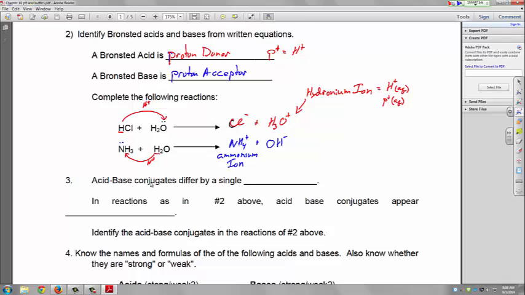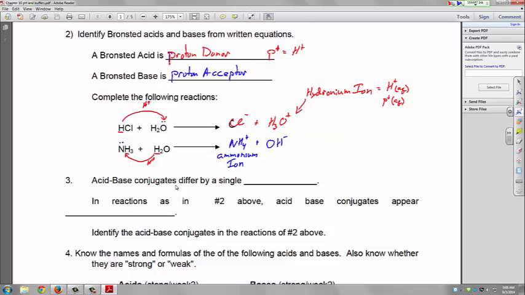Alright, number 3 here, they start talking about acid-base conjugates. Now, acid-base conjugates are a feature of the Bronsted-Lowry definition only. So we talk about Bronsted-Lowry acid-base conjugates, not Arrhenius acid-base conjugates. But I should point out that Arrhenius acids and Bronsted-Lowry acids, those two definitions are consistent with one another.